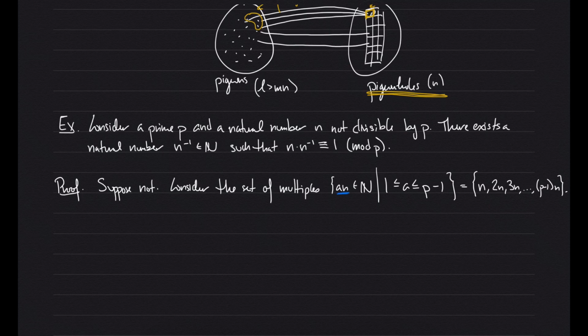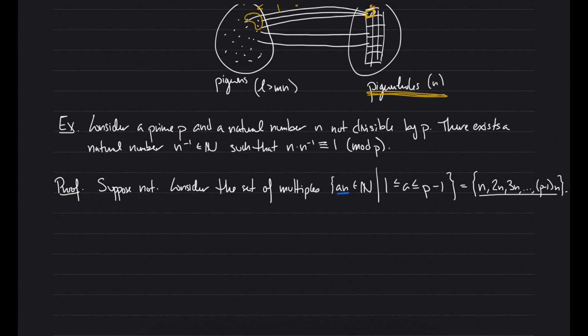But these are all the multiples that matter mod p. If we looked at pn, that's equivalent to 0, so that doesn't matter. And if we looked at p plus 1 times n, that's equivalent to n, so we go back around in a circle. And p plus 2 times n is equivalent to 2n, etc. So these are all the multiples that matter mod p, in the sense that all the rest of the multiples are equivalent to one of these that we've already written down.